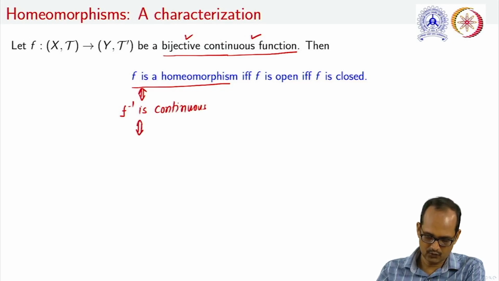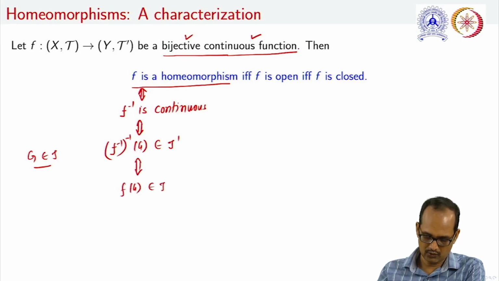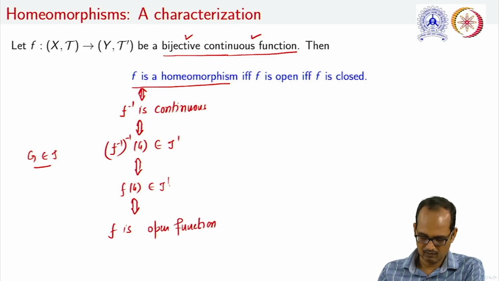This is equivalent to say that inverse of g belongs to tau dash when g belongs to tau, and this is equivalent to say that f(g) belongs to tau dash, and this is equivalent to say that f is an open function. So f is a homeomorphism if and only if f is open.